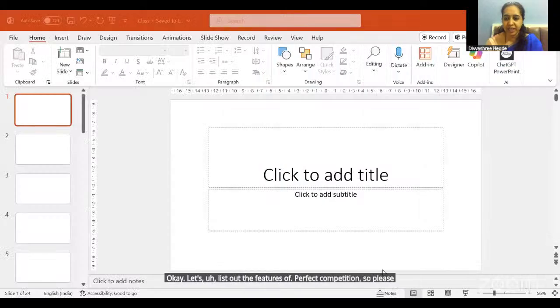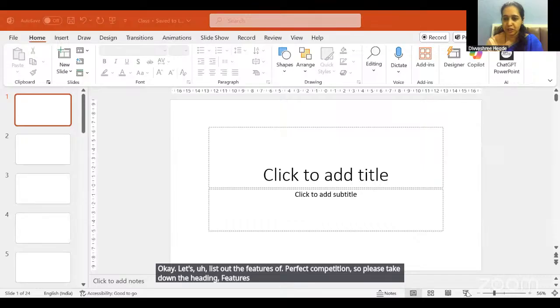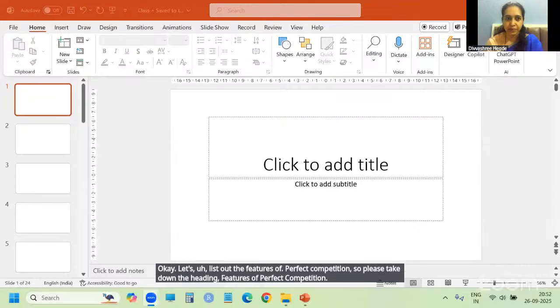Okay. Let's list out the features of perfect competition. So please take down the heading, features of perfect competition. I'll just write down the features.